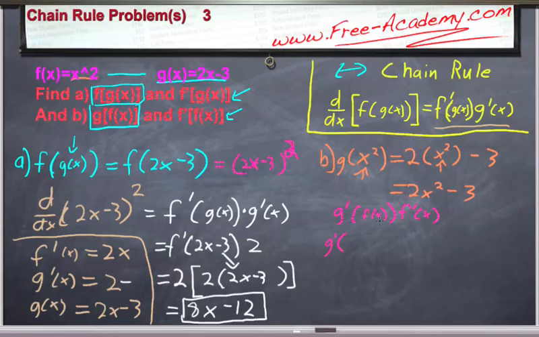That's g prime, replacing our f of x, x squared, times the derivative of f of x, which is 2x. Now the formula for g prime is simply 2. Notice that g prime is 2, so we could have put anything in here and we would have gotten 2 times 2x, which equals 4x.